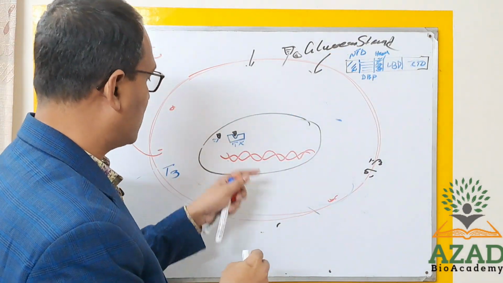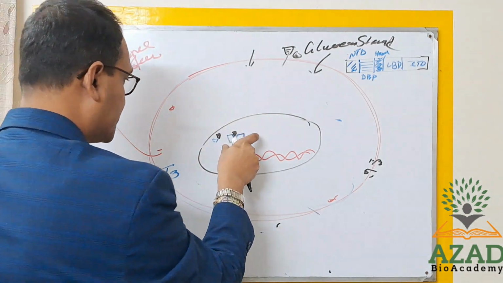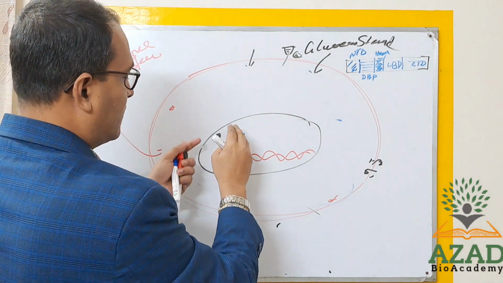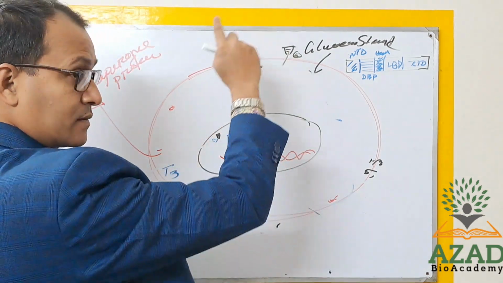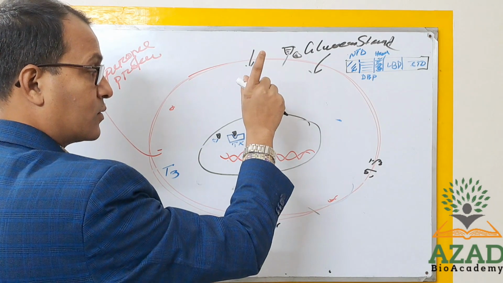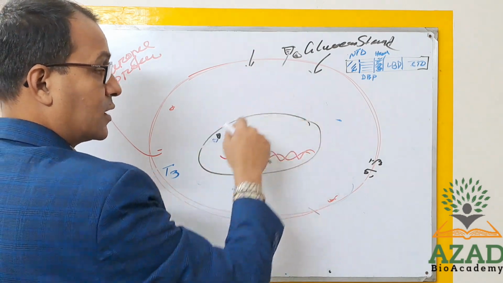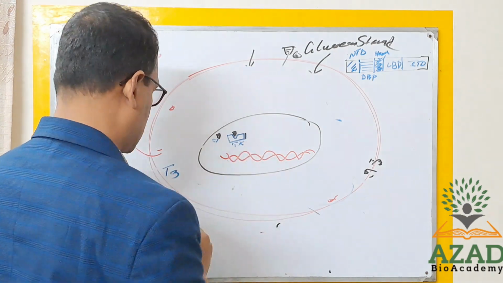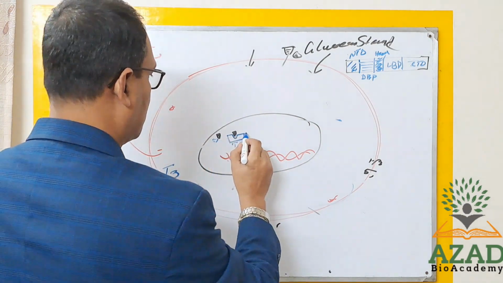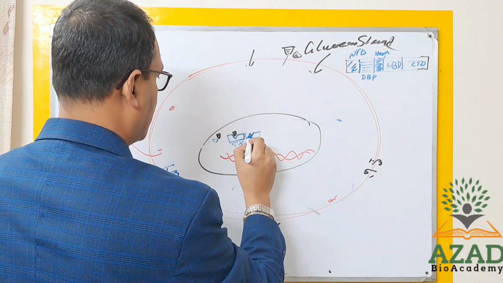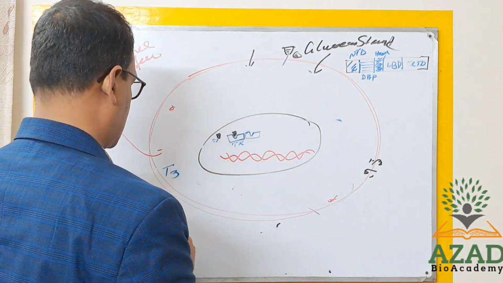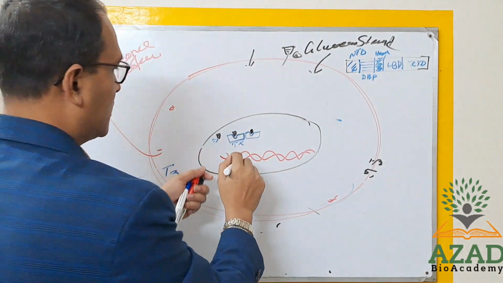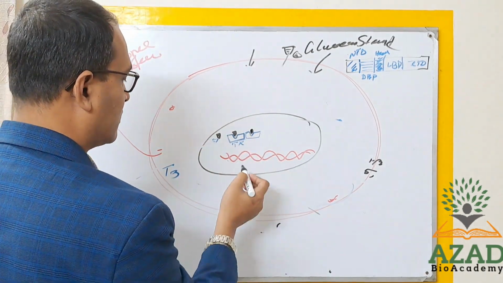After binding the ligand, this nuclear receptor, the TR receptor, will make a dimer, like the glucocorticosteroid receptor within the cytoplasm. Dimer formation is done, and different types of factors are there. So then what will happen?